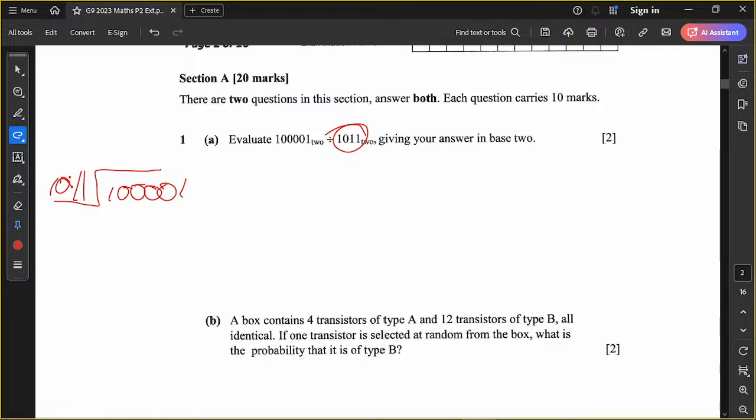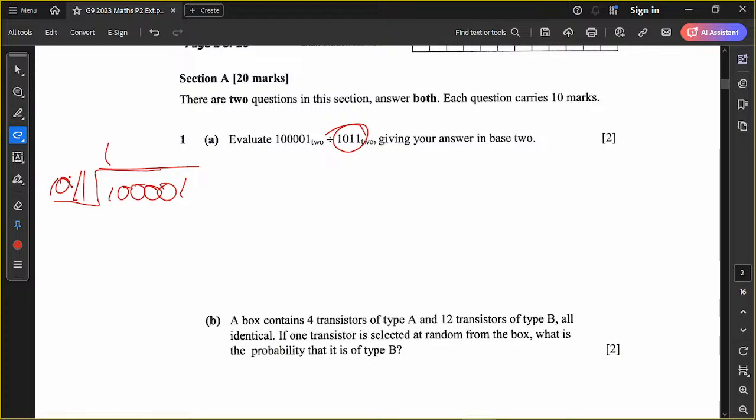Then we do the actual division. So we divide this number by this number, which is 1011. We divide 1 and the 4 zeros, so 1011 into 10000 will go one time.